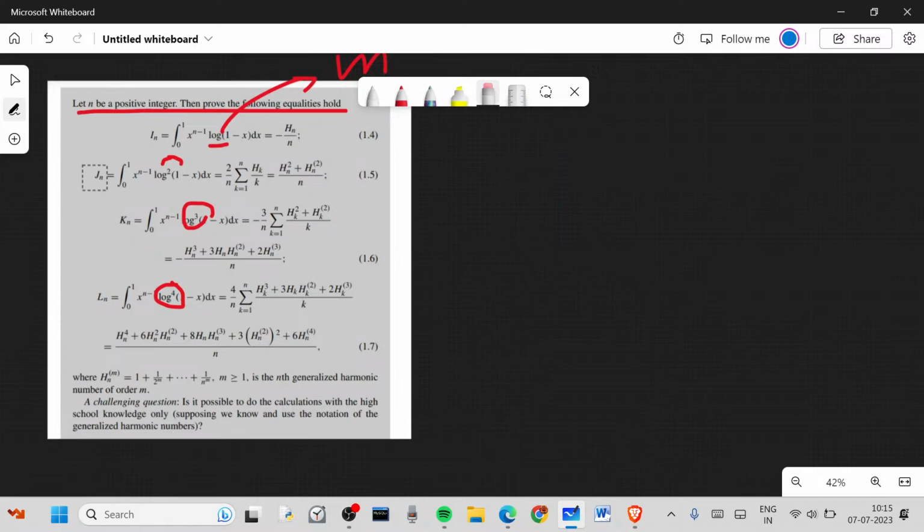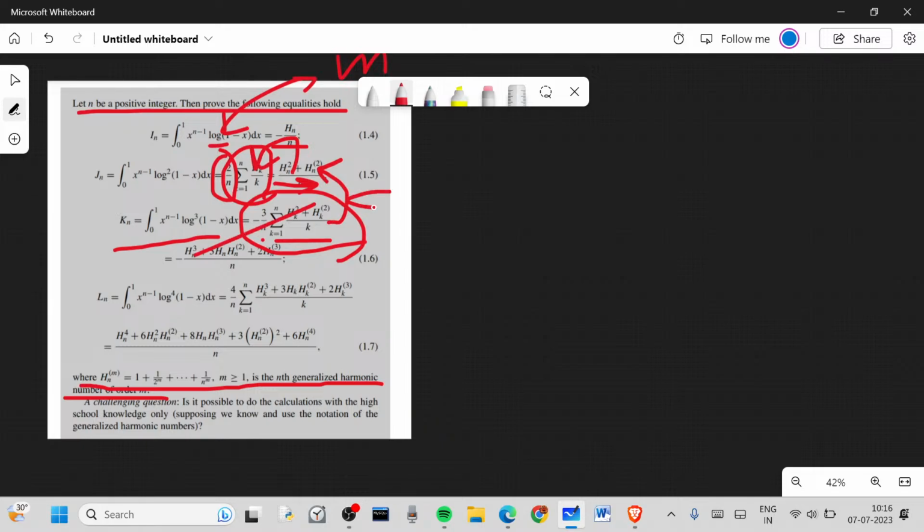What we have to prove is that it is equal to minus H_n by n, where H_n^(m) is the nth generalized harmonic number of order m. So if it's 1 or nothing is written, then it means 1 plus 1/2 up to 1/n. So minus H_n by n.